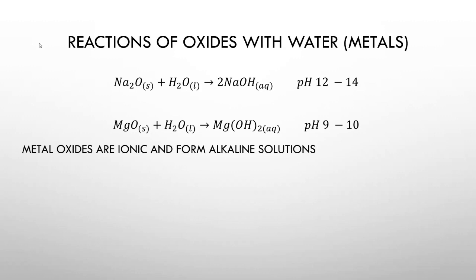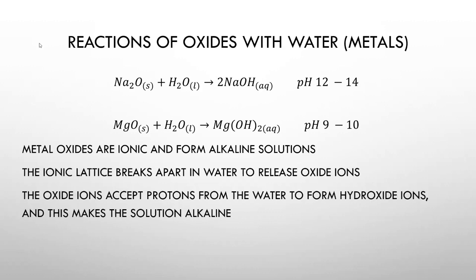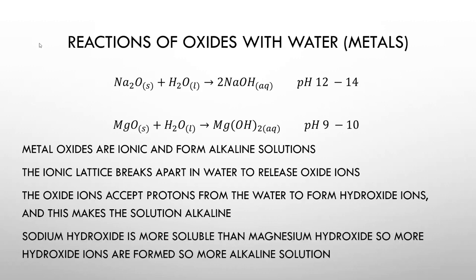These metal oxides are ionic, so they form alkaline solutions. This is because the lattice breaks down to release oxide ions, and the oxide ions accept protons from the water to form hydroxide, which makes it alkaline. And as we said before, magnesium hydroxide is not very soluble, so that's why the pH is not as high.